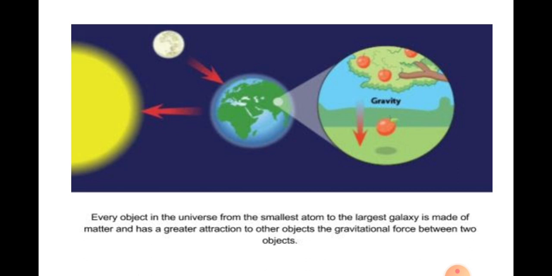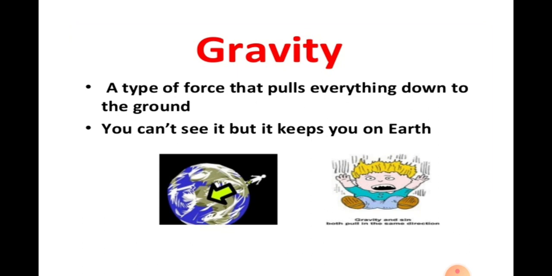In fact, the earth pulls all objects towards its center. And the force with which the earth pulls the object towards it is called the force of gravity, or just gravity. Gravity is a natural force of attraction, or you can say a natural force of pull. We all are pulled to the earth by the force of gravity.